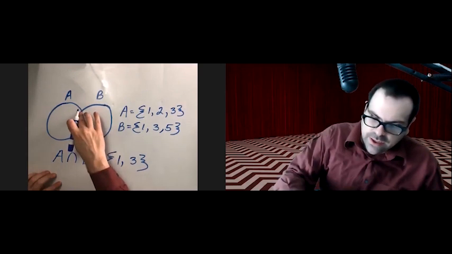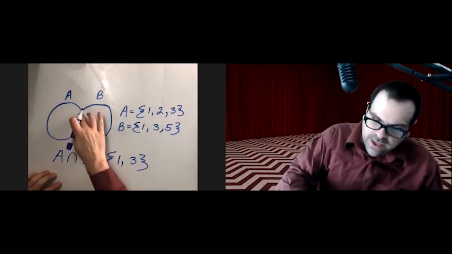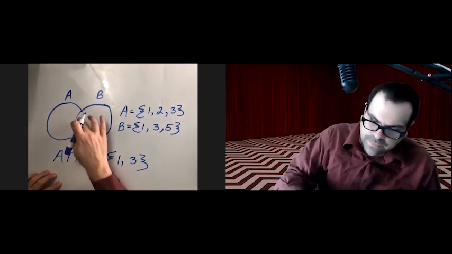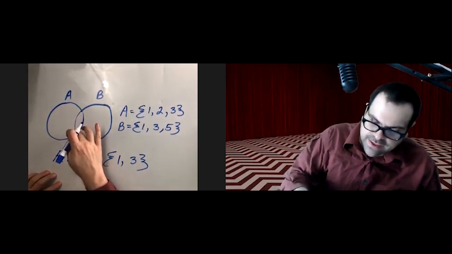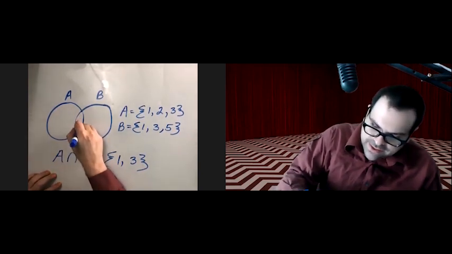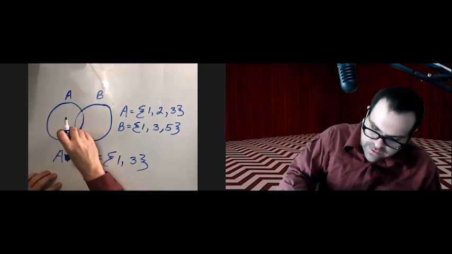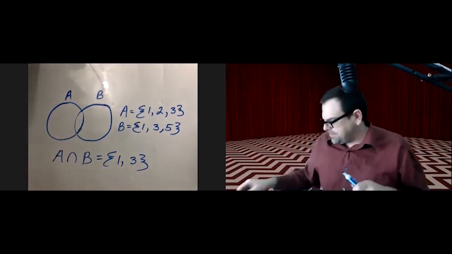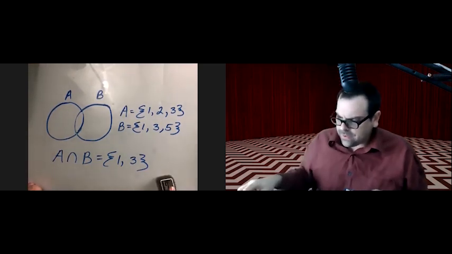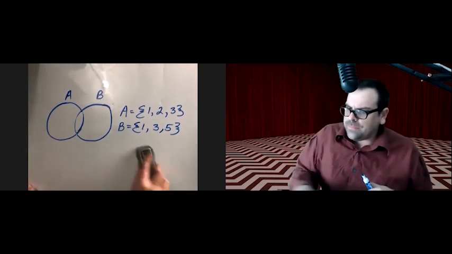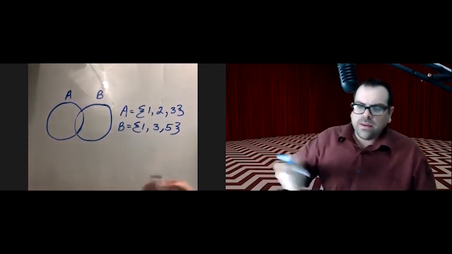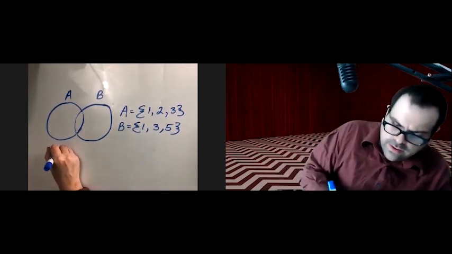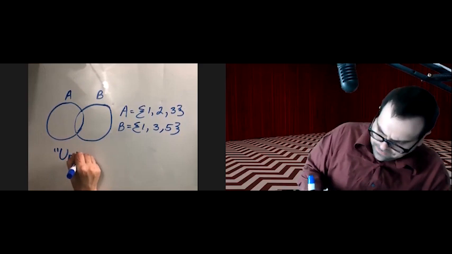Intersection is one type of thing. I don't want to say this other thing is the opposite, because it's not exactly the opposite. If it was the opposite, it wouldn't include the intersection. Next, we're going to look at the union.